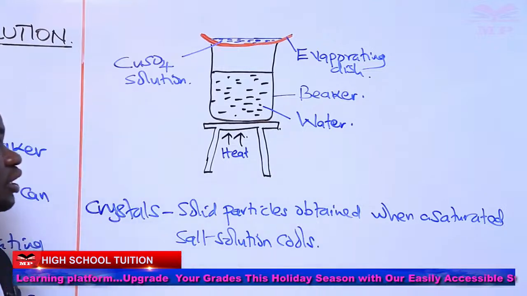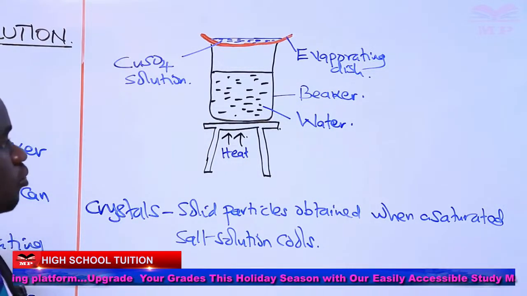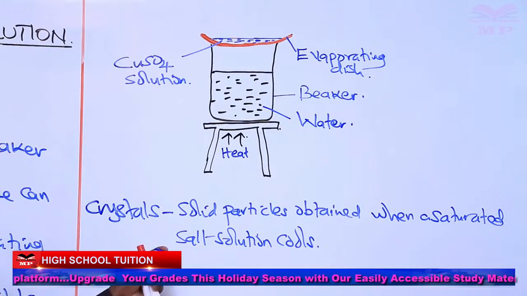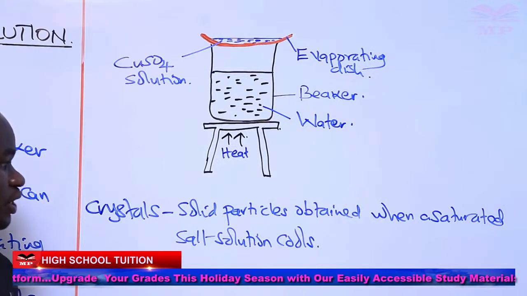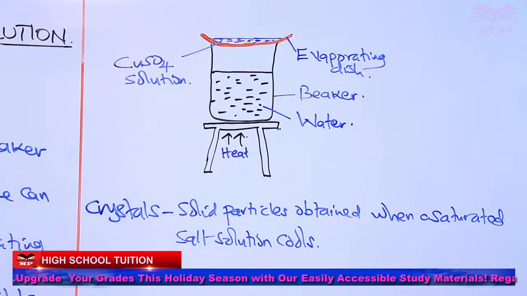So we are saying after copper sulfate solution will cool, it will form copper sulfate crystals. So that's how we get the meaning that crystals are obtained from a saturated solution.